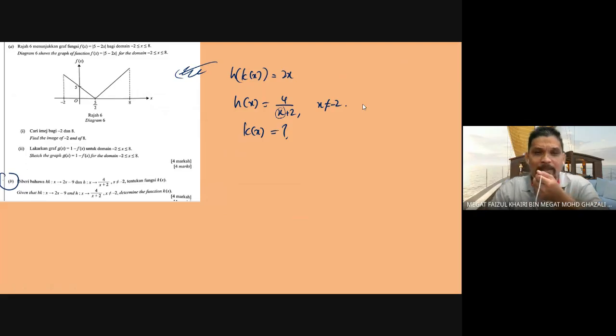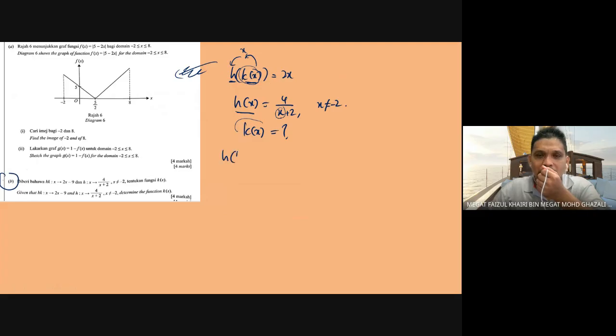Okay, let's find out together. Now the definition of this function is that we substitute k(x) into the x of the function h, where the function h(x) is given there as 4 divided by x plus 2. From this definition, we are going to substitute k into the x of the function h.